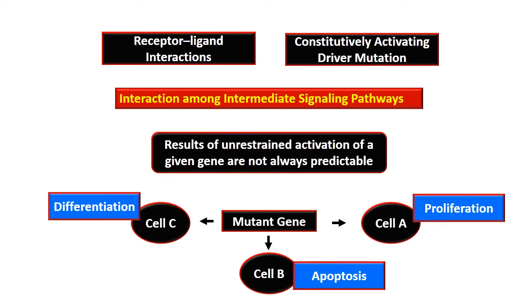Such as, this mutant gene in cell A will result in proliferation, while in another cell it will result in apoptosis, and in the third type of cell, cell C, it will result in differentiation. So the results of the mutant gene are not always predictable and are exclusive for that specific type of the cell.